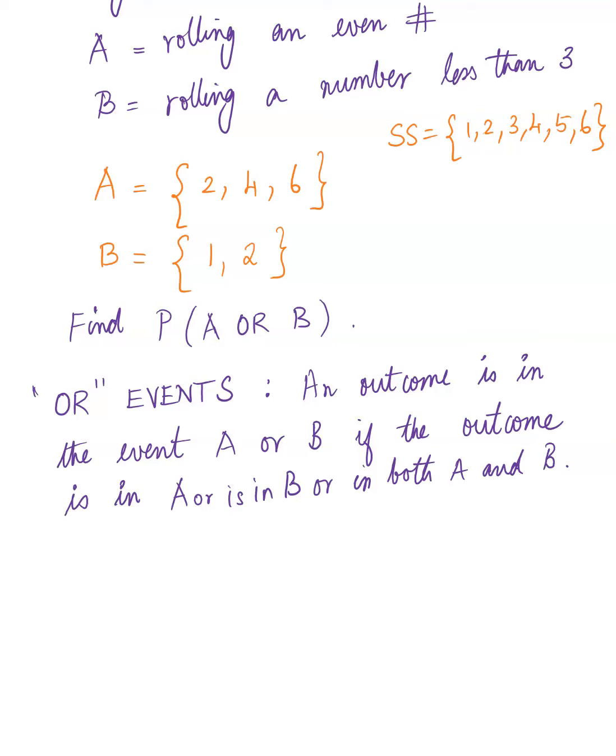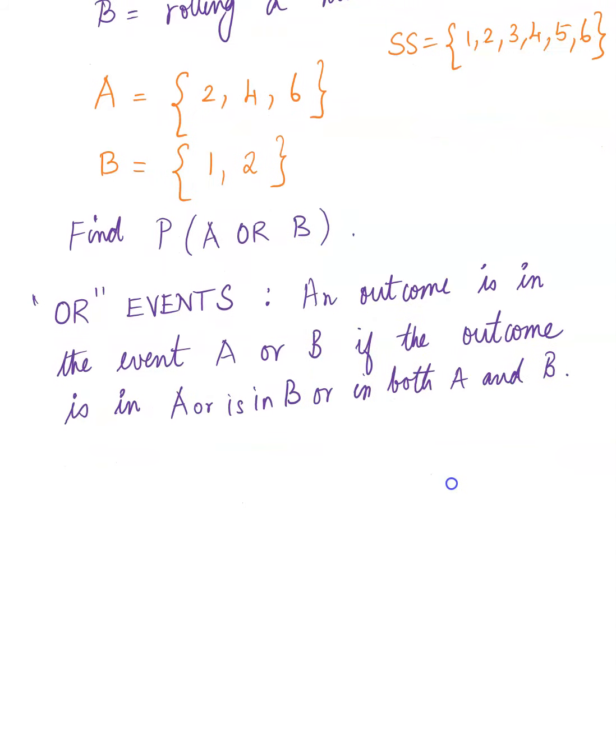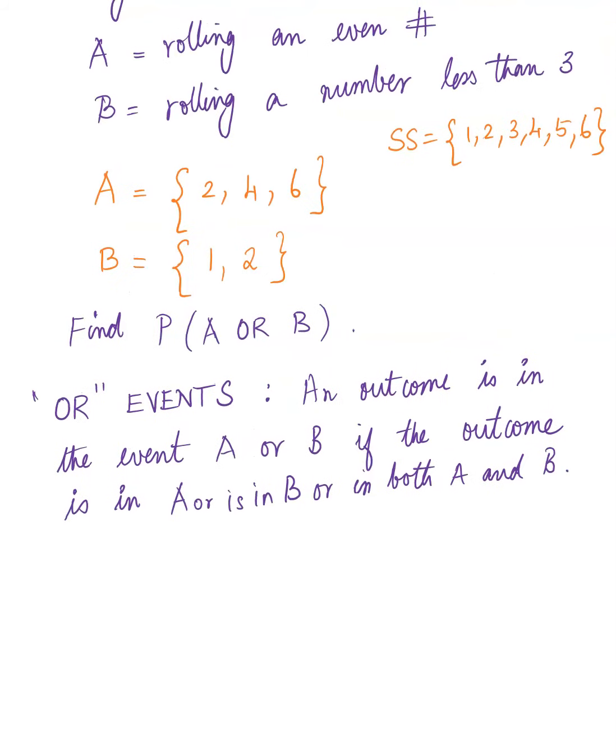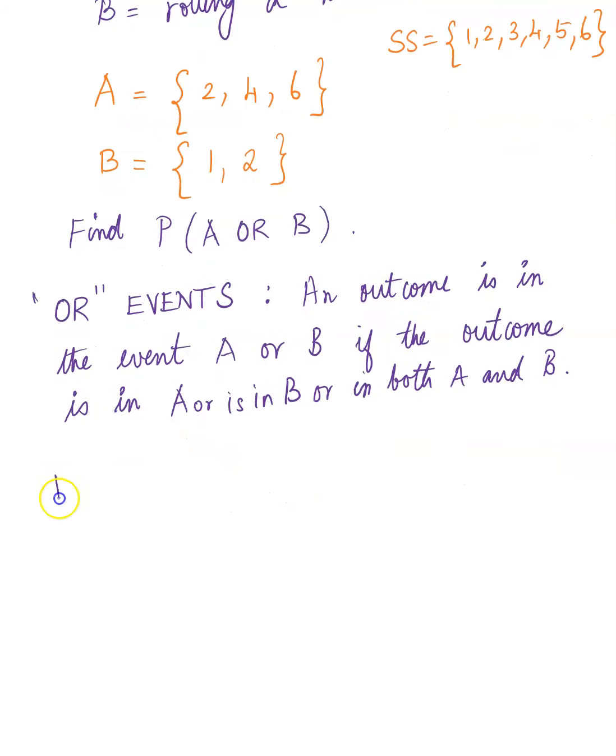You'll understand this better when we actually write this out. So in this case, if you think of the probability of A or B, try to understand this in words. What they're saying is find the probability of rolling an even number or rolling a number less than 3.